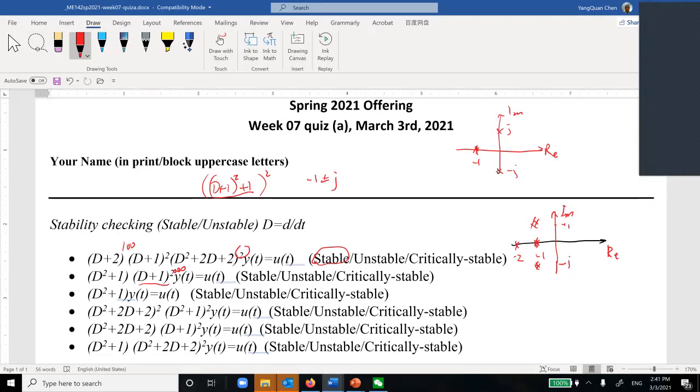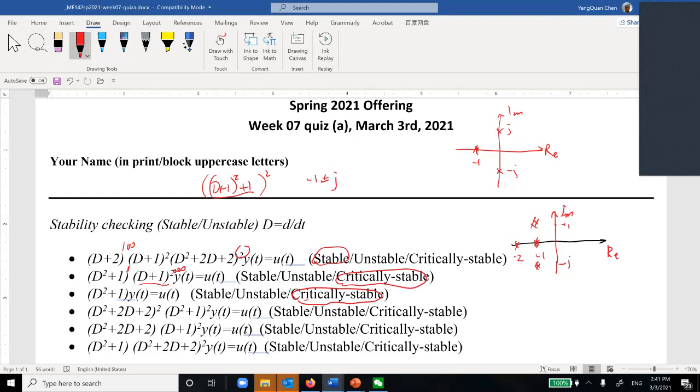And here you have one pair of complex conjugate roots on the imaginary axis, with only one multiplicity. Because this is not on the left half plane, the whole thing is critically stable. The same thing applies to number 3, which is also critically stable.